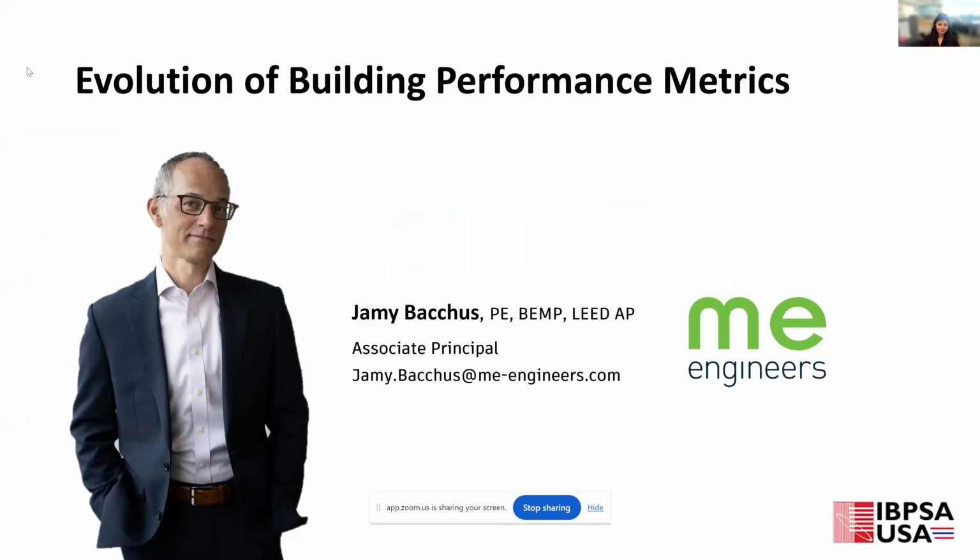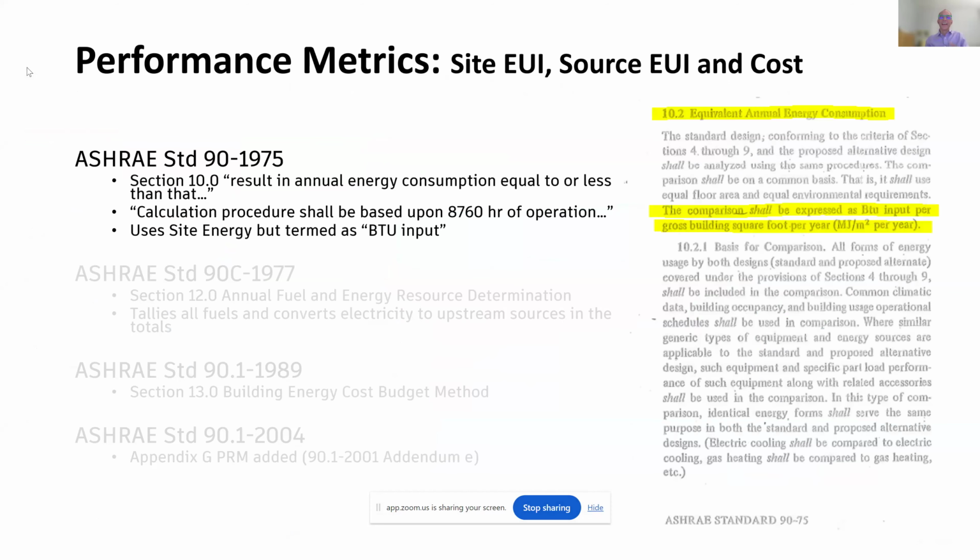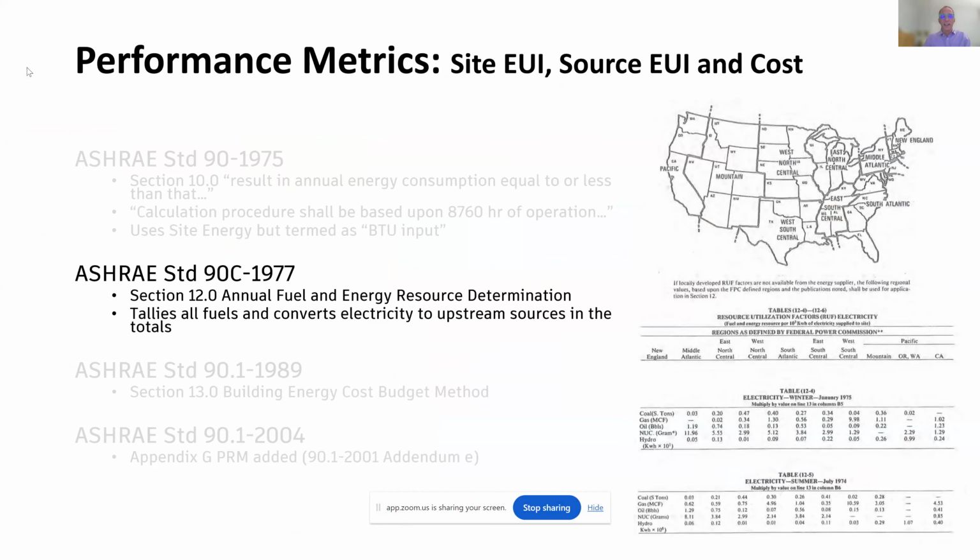Yes, perfect. Great. So I'm Jamie Backus, and I'm going to wrap up today's discussion on building performance metrics. Looking back historically, back in 1975, we got our first version of ASHRAE Standard 90. Believe it or not, it had a modeling pathway. It used EUI, or rather site energy use, as its performance metric. A couple years later, in 77, we had 90C come out.